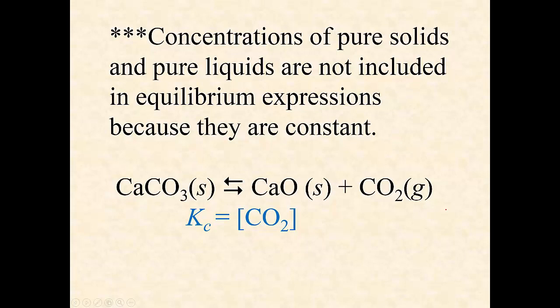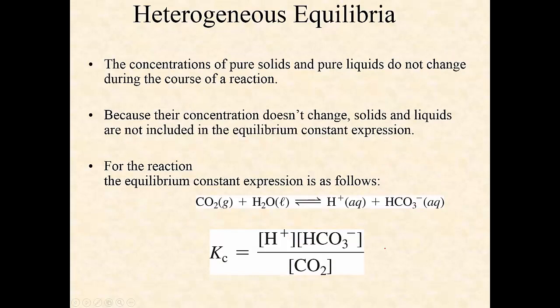Okay, another thing, we've already said this. Look at the states. Solids and liquids are never used. So if you had to write the Kp expression for this, you're only going to use the gases. Only use your gas. The reason is that the amounts of your liquids, so water, are never going to be in your expression, ever, because they are not significantly changing compared to the other concentrations.